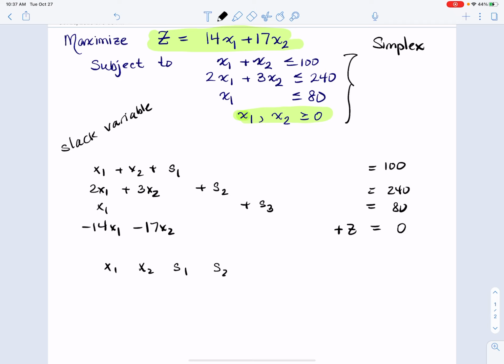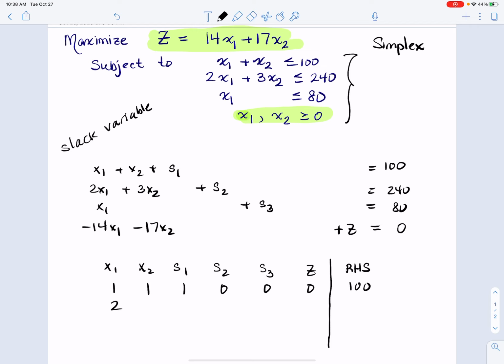But I'm going to make a heading that keeps track of all of these variables because there are just so many right now. And I'm going to call the other side of the equal sign, remember, the augmented matrix had the vertical line, I'm going to call it right-hand side, RHS. And I'm just going to write in the coefficients. So the first line is going to be 1, 1, 1, 0 the rest of the way until the 100.